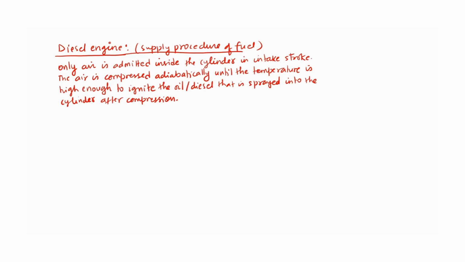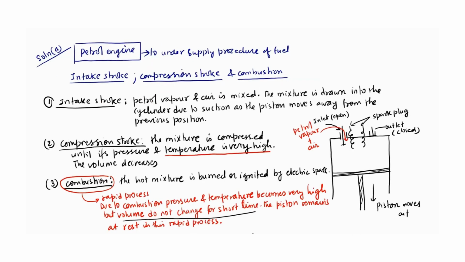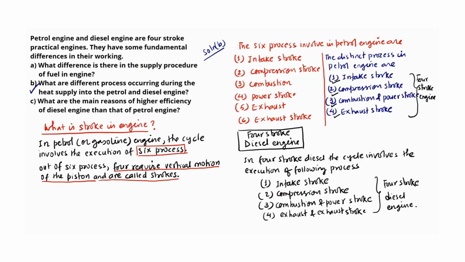Now Question C. What are the main reasons for the higher efficiency of a diesel engine than that of a petrol engine? So we need to compare the efficiency of the diesel engine and the petrol engine, and we need to explain why the efficiency of the diesel engine is greater than the efficiency of the petrol engine.